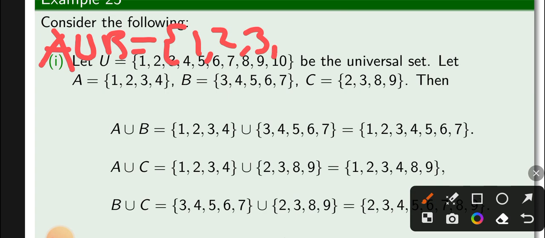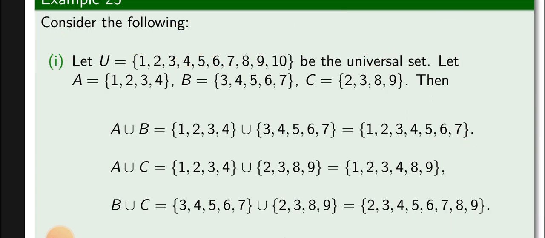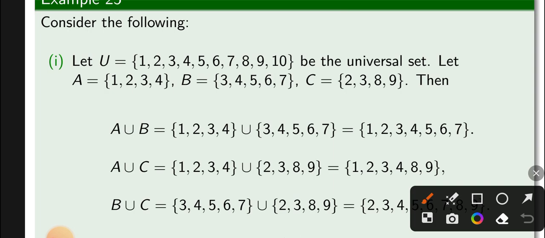Even 4, I'm just going to write it once, and then 5, 6, 7, and then I close. If you look at my answer, it's this answer we have here.